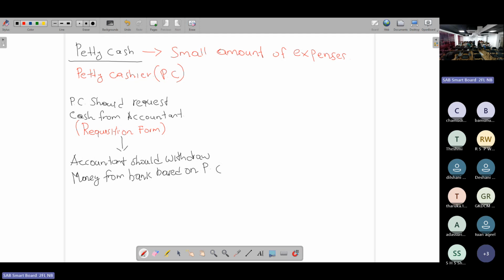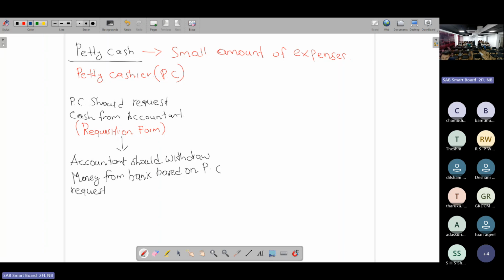PC means petty cashier. I'm writing in short form. Petty cashier request. Okay. The accountant should withdraw money from the bank based on the petty cashier's request. When he withdraws the money, what's the double entry?